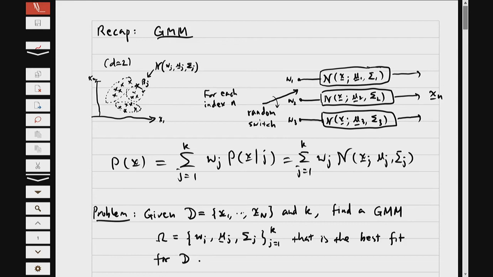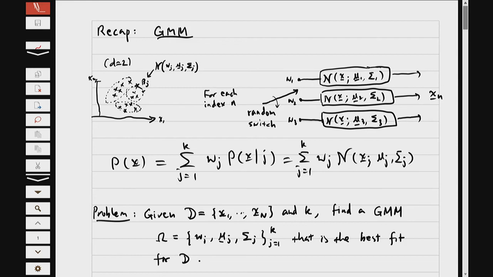So this is our hypothesis for how these data points that we're given are generated. Yeah, the question is, what should we use for this W and mu j and sigma j, these parameters, right? And therefore, that becomes a problem of estimating these parameters, yeah, given the data points that we have, these n data points.